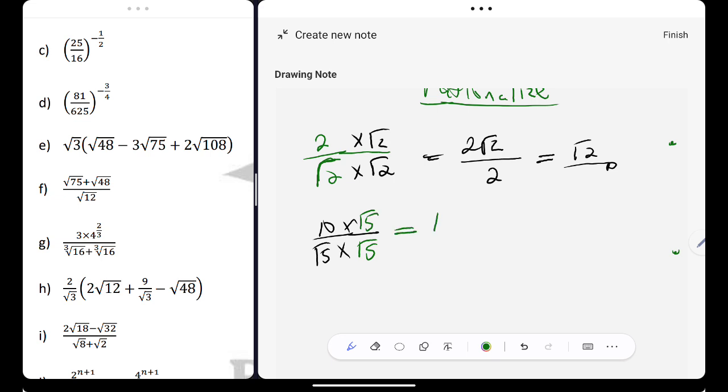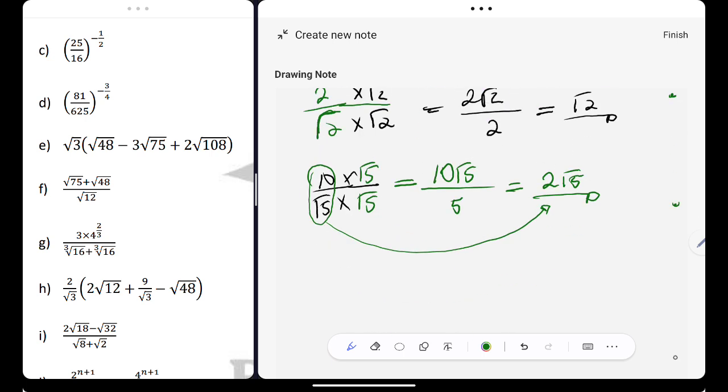Then what would I get? I'll get 10 root 5 all over what? The square root of 5 times the square root of 5 will give me 5. And then 10 divided by 5 is 2 root 5. If you punch this thing alone on your calculator, it will get you here straight away. But using a calculator will make you miss the mathematical operations that you need to understand.